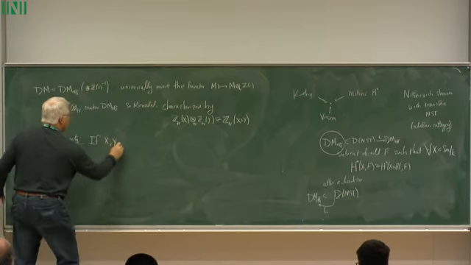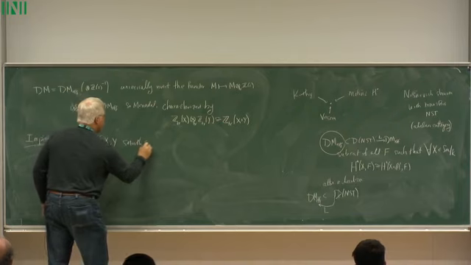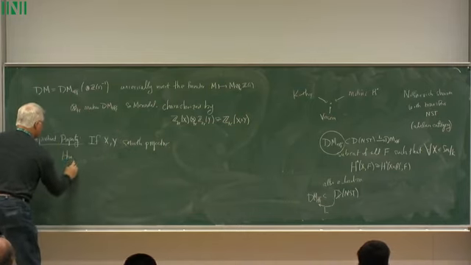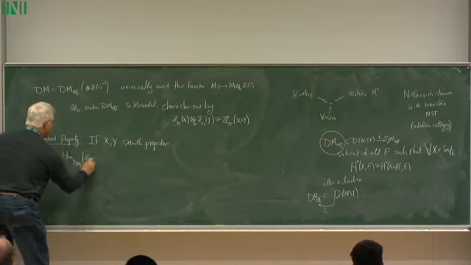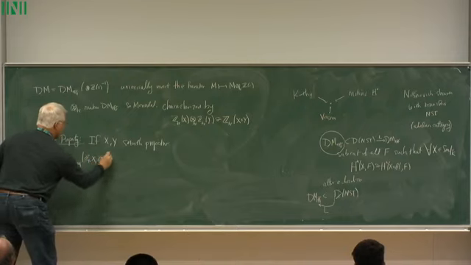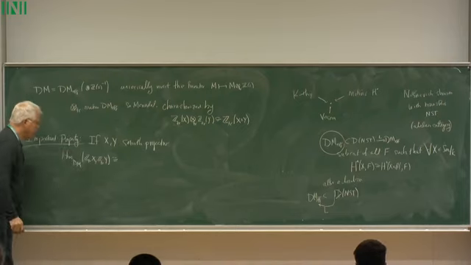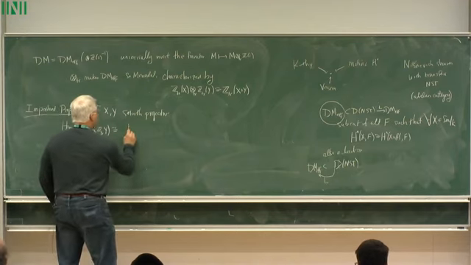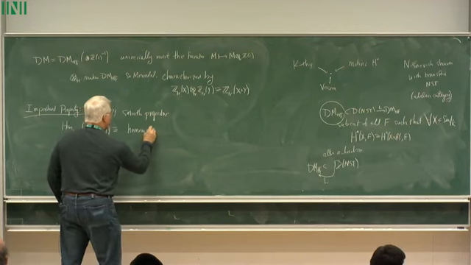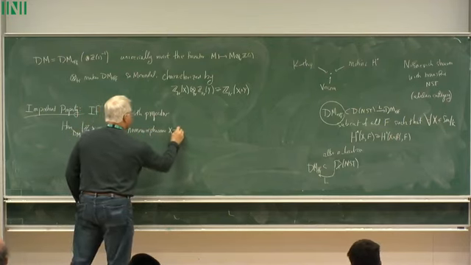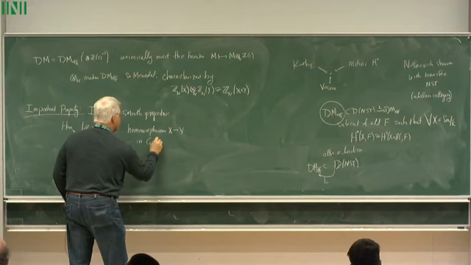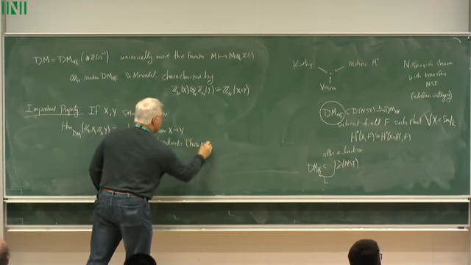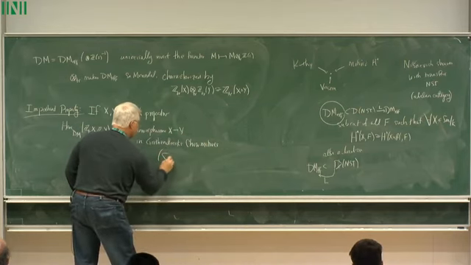If X and Y are smooth projective, then homomorphisms in the derived category from Z transfers of X to Z transfers of Y is the same thing as homomorphisms from X to Y in Grothendieck's Chow motives. And that's the category that was talked about in Scholl's talk.